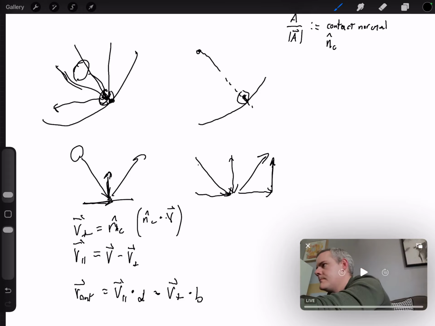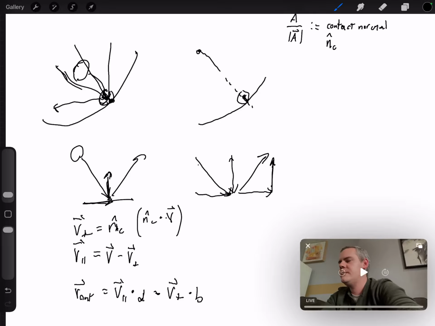Okay. Collision normal, perpendicular velocity, parallel velocity, new perpendicular velocity. It probably couldn't have hurt to... Well, I mean, at some point I just got to run it. But eventually I'll get to the new marble velocity.